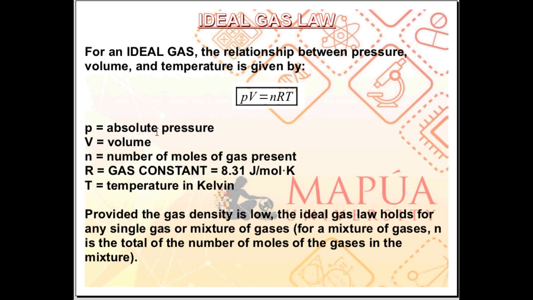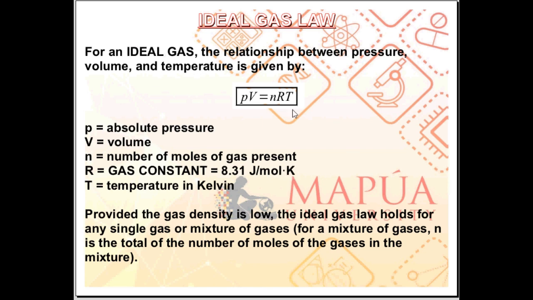P is absolute pressure. V is the volume of the system or gas. And n is the number of moles of gas that is present in the sample or in the system. And capital R is known as the gas constant. It's equal to a constant value of 8.31 joules per mole Kelvin.